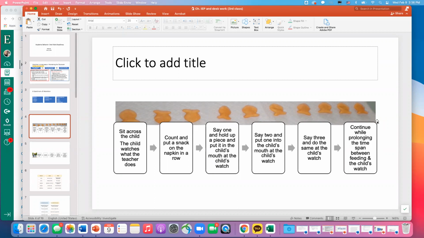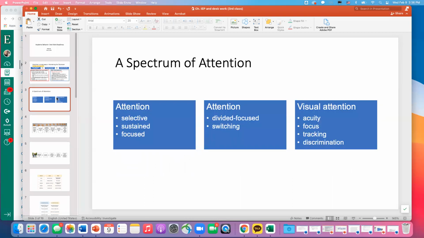This is in the beginning, your first lesson. Okay, I know some of you made the wrong choice for the attention. These are basically the attention for our study instruction. For our instruction, we need selective, sustained, focused attention. These 3 attention.